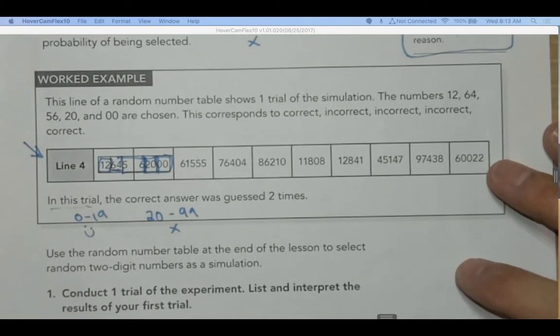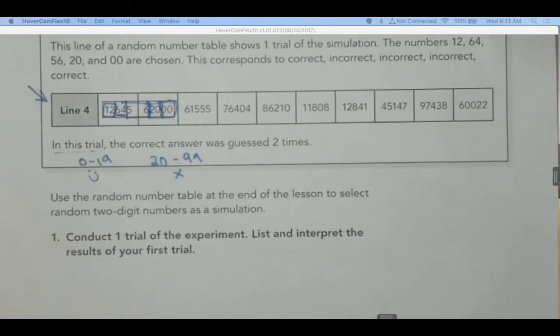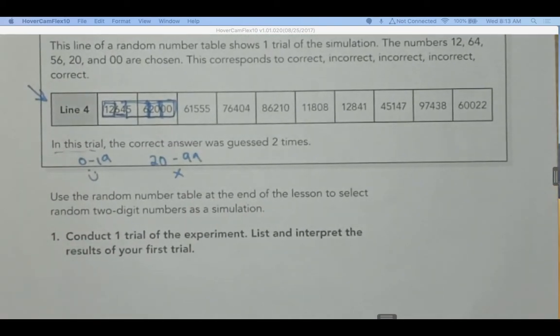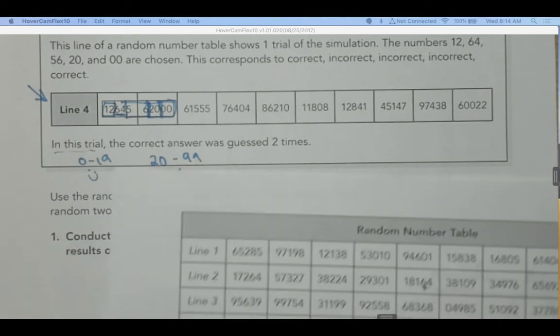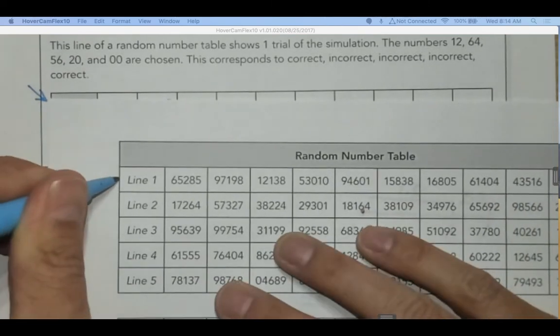Okay? So use the random number table at the end of the lesson to select random 2-digit numbers as a simulation. Conduct one trial of the experiment. List and interpret the results of your first trial. So I'm just going to start everything from line 1.